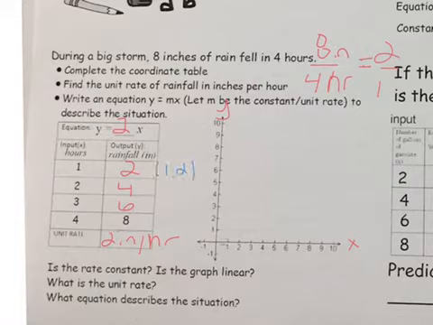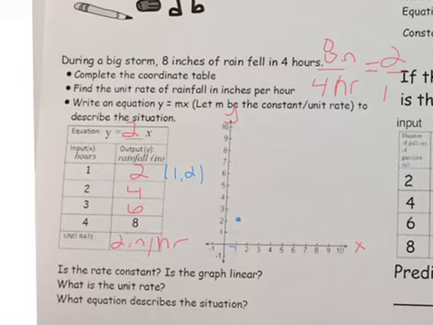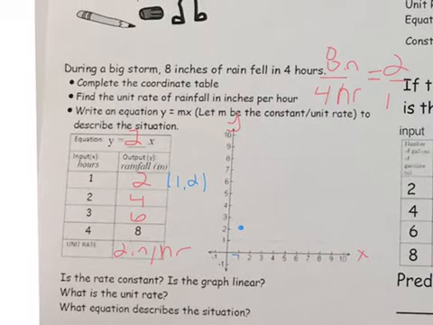If my x is 1, I'm going to go up to 2, and I'm going to put a dot right there. Then I'm going to go over for my hours. My x is my hours. This is hours. Sorry, it's harder to write. And then my y is going to be rainfall.